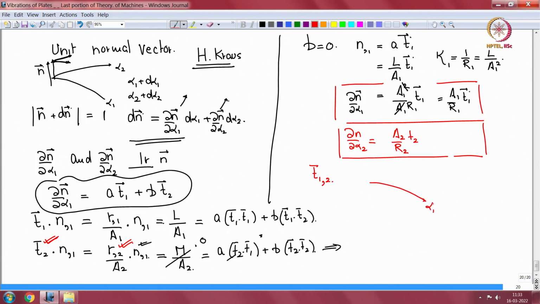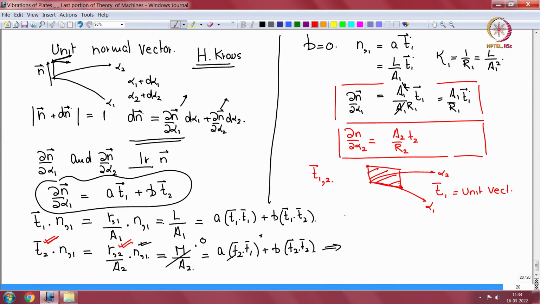We have the alpha 1 direction, the alpha 2 direction, and the normal. So T1 lies in this direction. It is the derivative of T1. T1 is a unit tangent vector, so its derivative will lie in the n and alpha 2 plane.